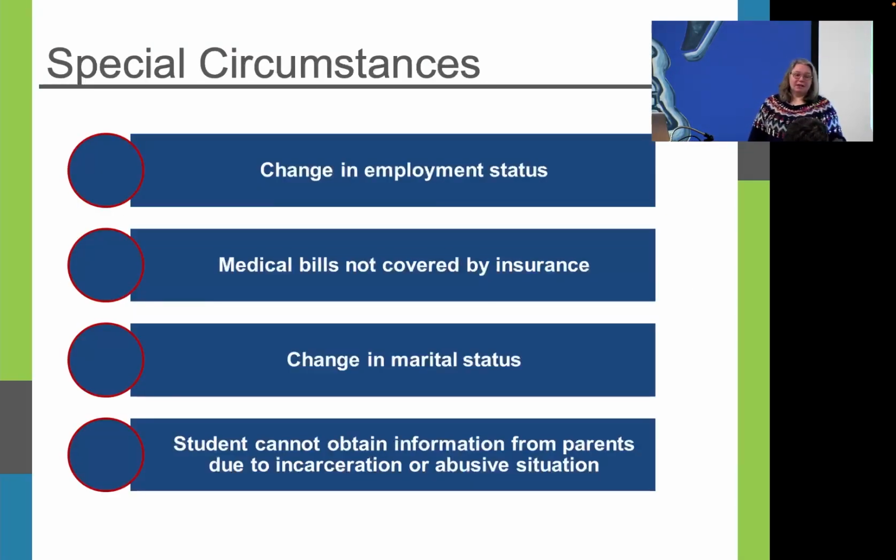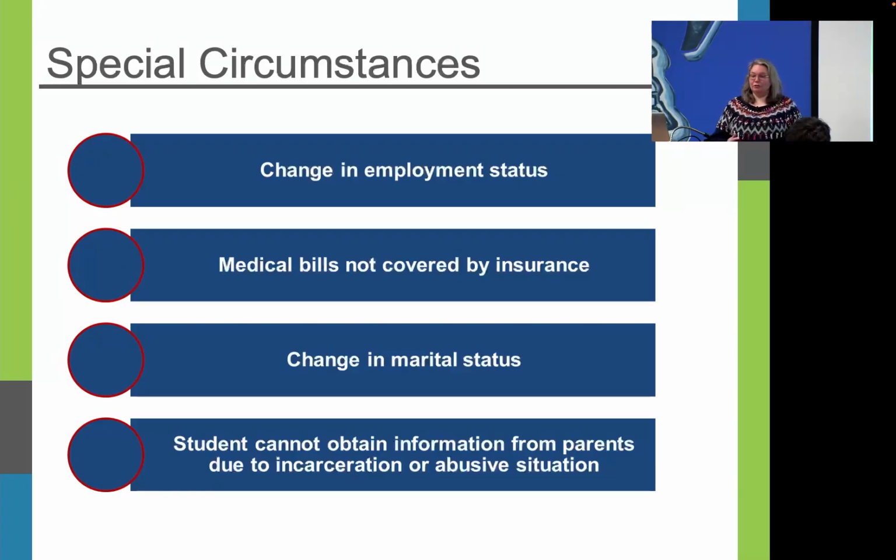Now sometimes because the FAFSA goes based on 2 years prior, your family information might change. So say in 2021, your family made $80,000, but now your parent either lost a job or lost hours. Maybe they're only making $60,000 this year. Well, you can do something called a special circumstance appeal, and we can take your current situation into account and make adjustments to the FAFSA.